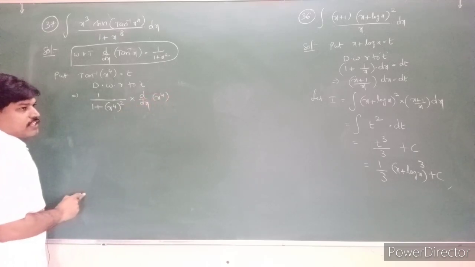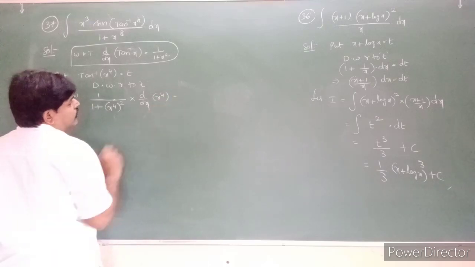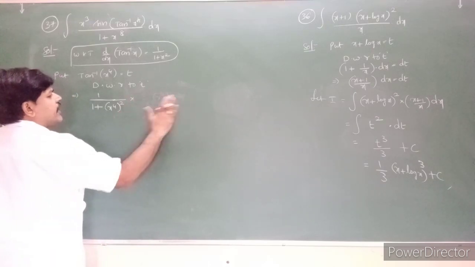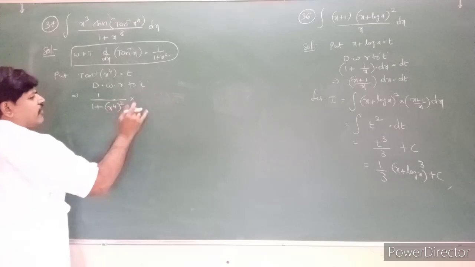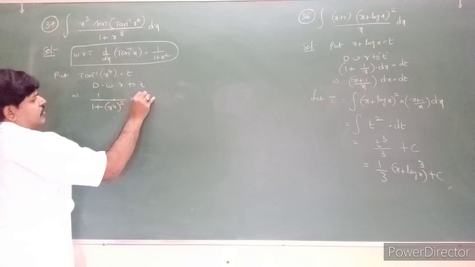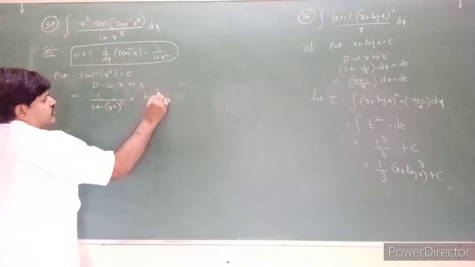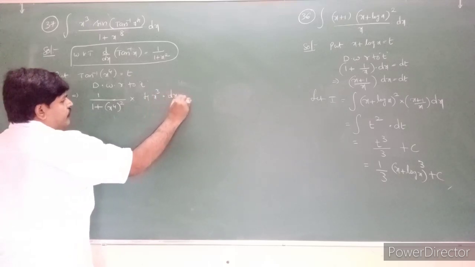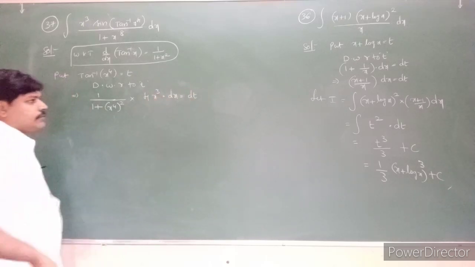The derivative of x power 4 is 4x cube, and 4x cube dx is equal to dt.